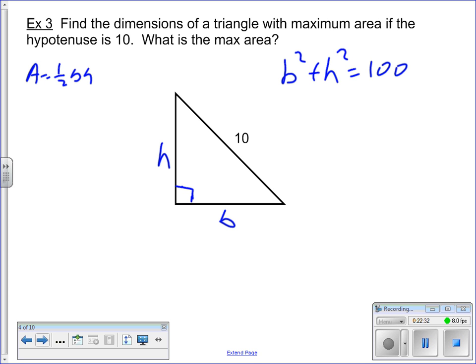Okay. I'm going to solve that one for H in terms of B. H squared equals 100 minus B squared. H equals the square root of 100 minus B squared.